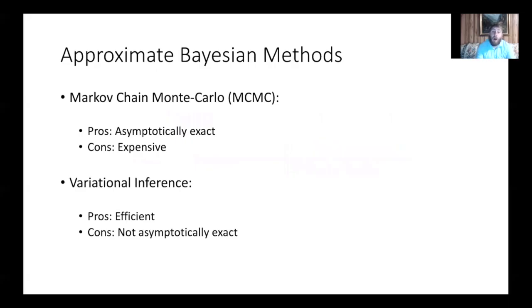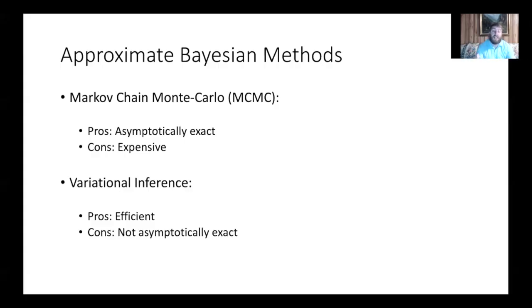Two of the most common approximate Bayesian methods are Markov chain Monte Carlo, or MCMC, and variational inference. In MCMC, you perform a random walk in parameter space to build up a point cloud distribution that approximates the true posterior.